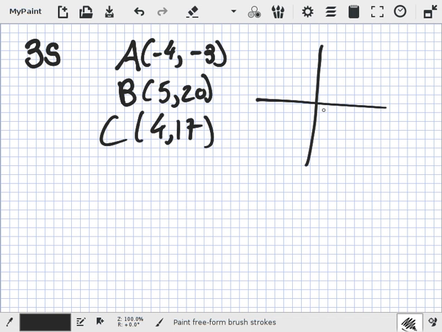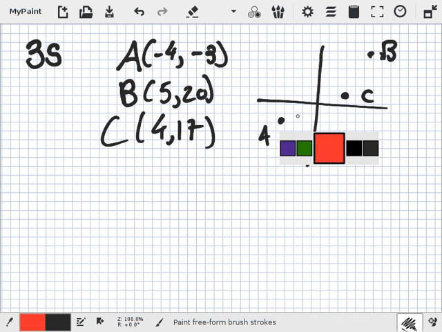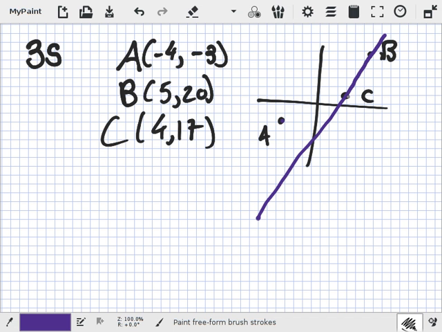There's A. B will be here, and I'll just put C here. The line L contains A and is parallel to BC. So there's BC, and line L contains A. There's L.